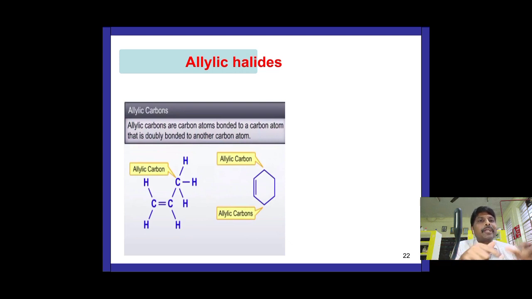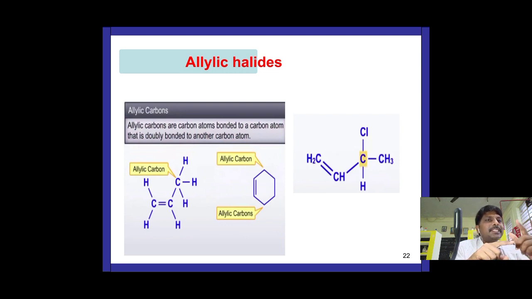You can see in the example structure, the allylic carbon C is attached to another C that is attached to a double bond C. You can take it in a ring also, here cyclohexene is there, double bond is there, double bonded carbon, next one that is called allylic carbon. You can take example C, that yellow part I highlighted, that carbon is the allylic carbon that is attached to Cl, halogen. So it is an example for an allylic halide. Why is this yellow colored carbon considered as the allylic carbon?